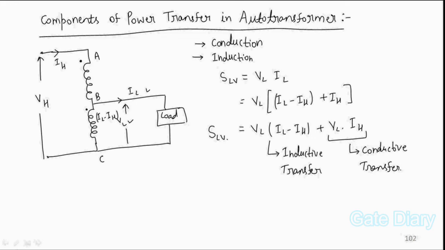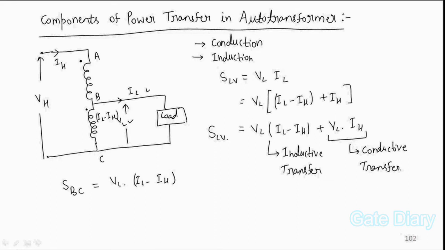If you want to calculate the apparent power of this BC winding, how to calculate? V into I, VL, and how much current is flowing through the BC? VL into (IL minus IH).